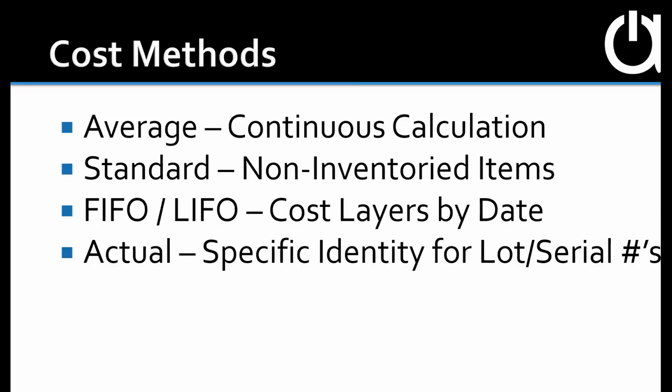In Acctivate, we have average, which is a calculation. Everyone should know what average cost is. I have 10 at $1. I buy another 10 at $2. My average cost is now $1.50. Then I sell some, and it'll keep moving. It continuously calculates until I hit 0, and then it kind of resets.